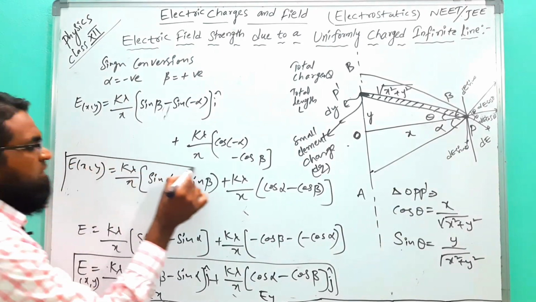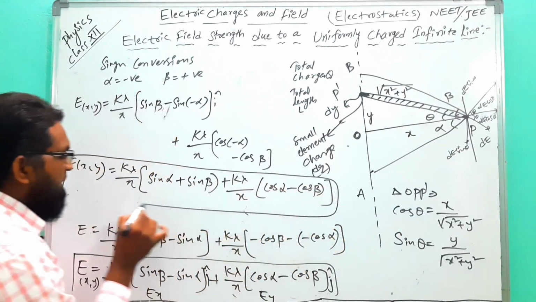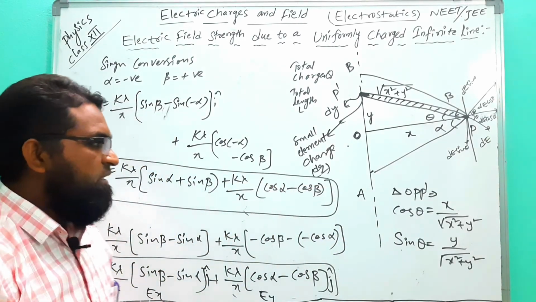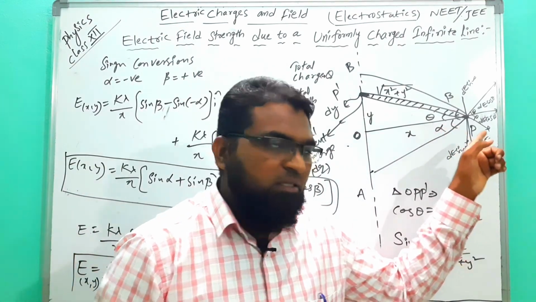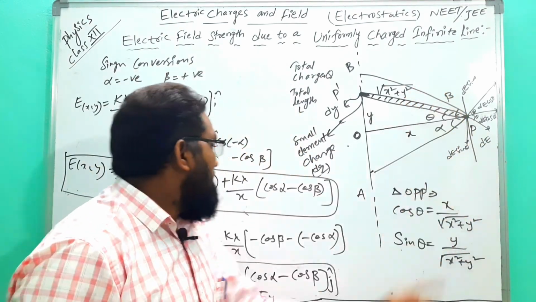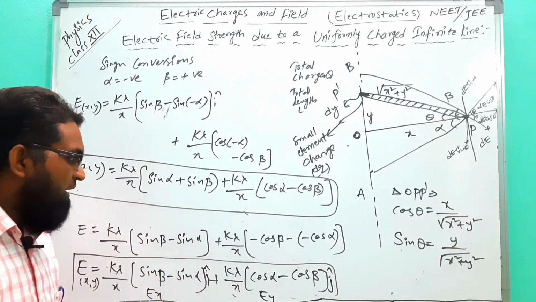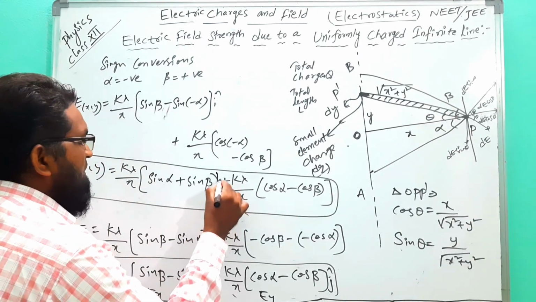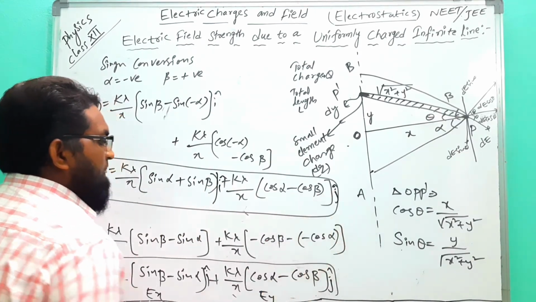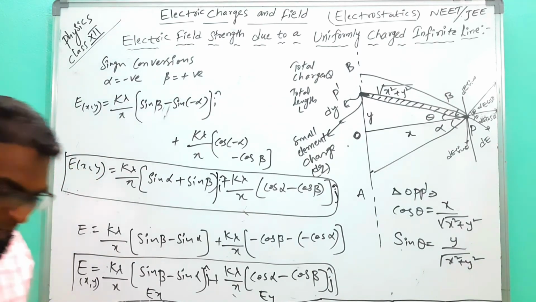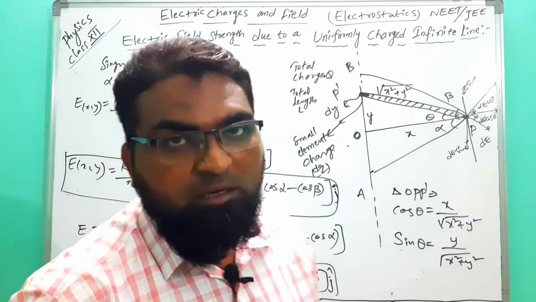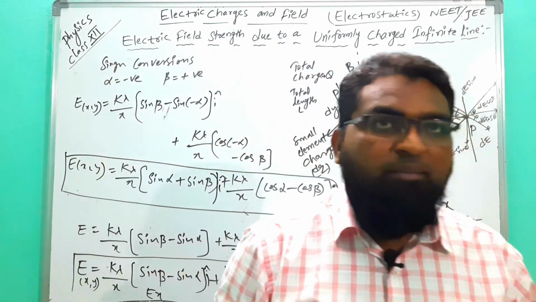This is the final equation for the infinite line, where the angle is minus alpha on one side and plus beta on the other. This is an important formula, with the i cap and j cap.